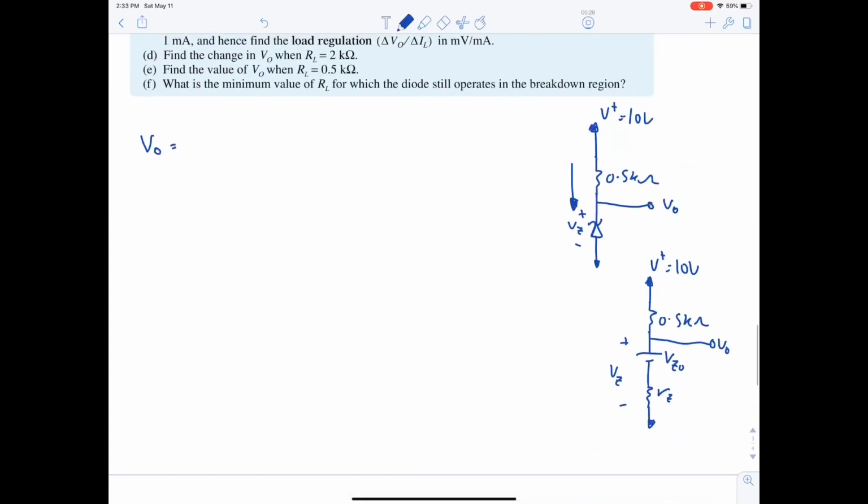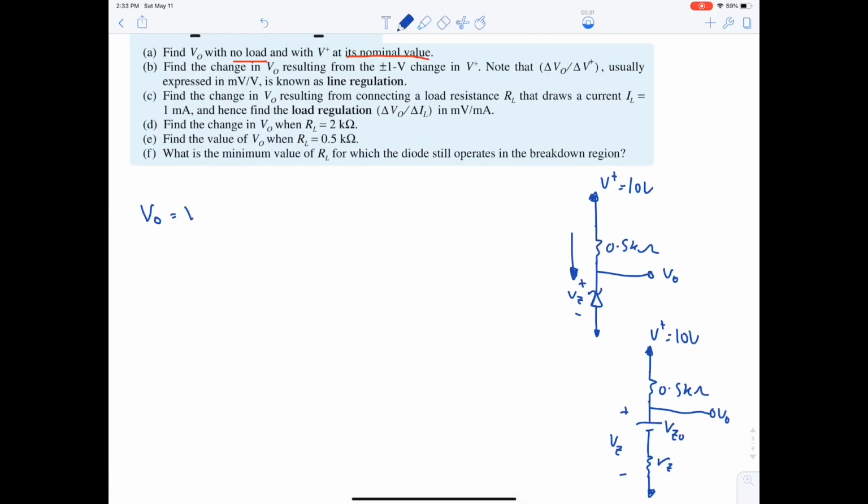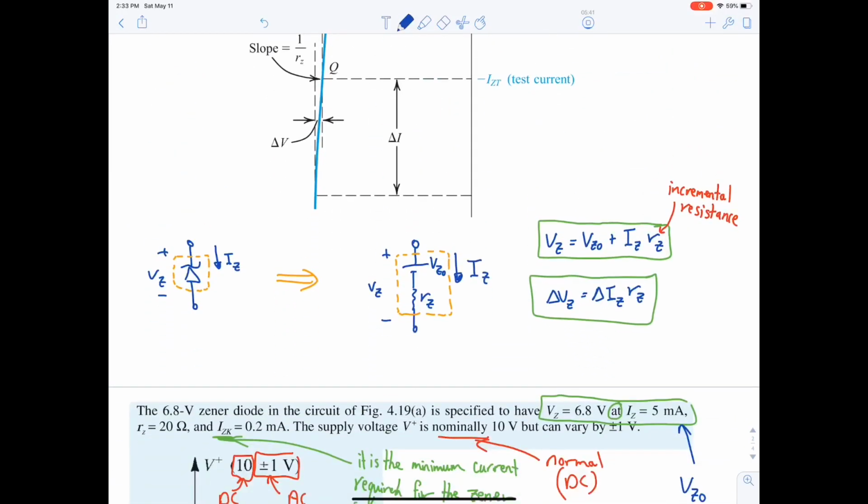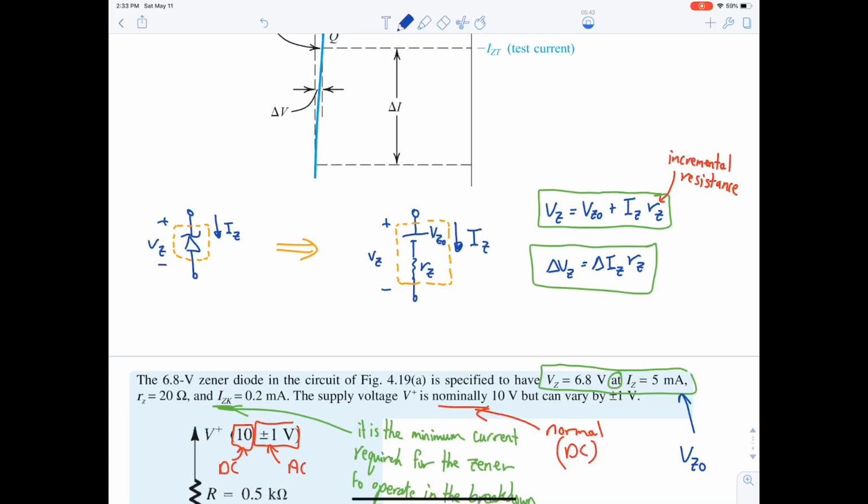Okay, so in order to find V0, we need VZ0, we need I RZ. Okay, now again, we cannot say that IZ is equal to this IZ because it's a sample. Okay, we will use this only for computing VZ0.